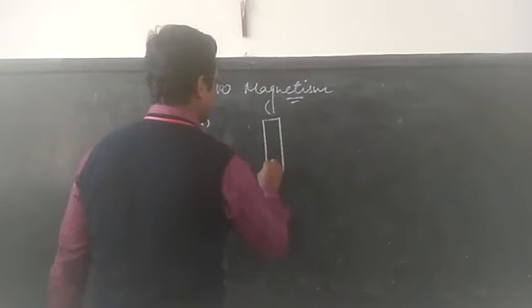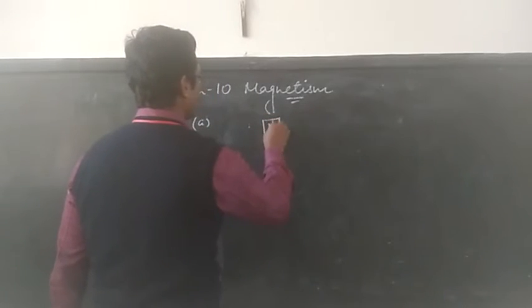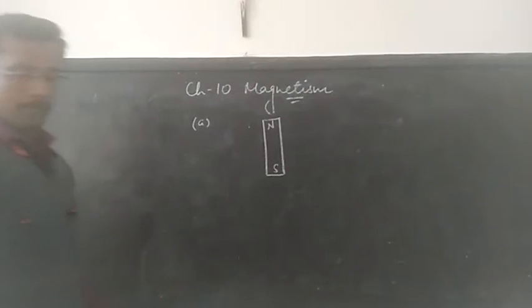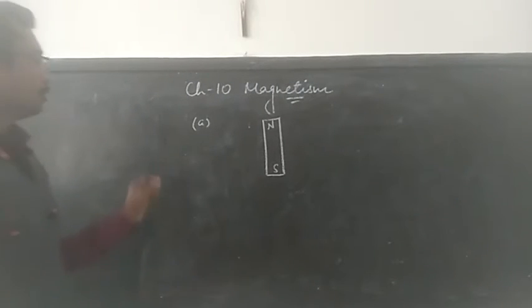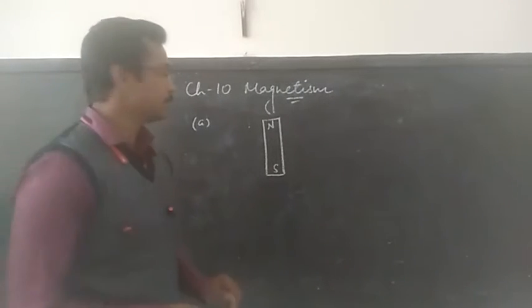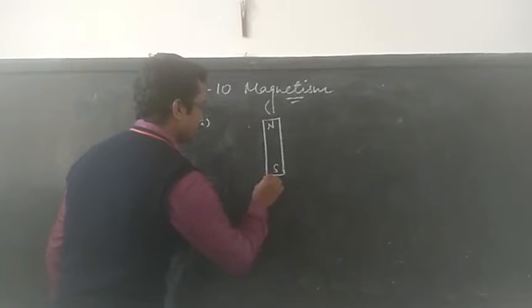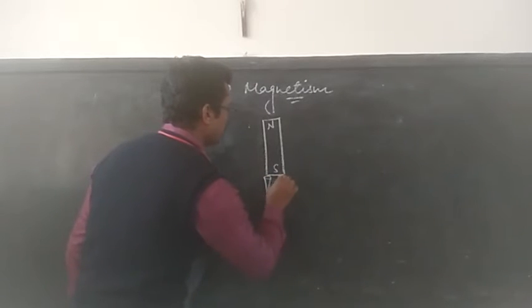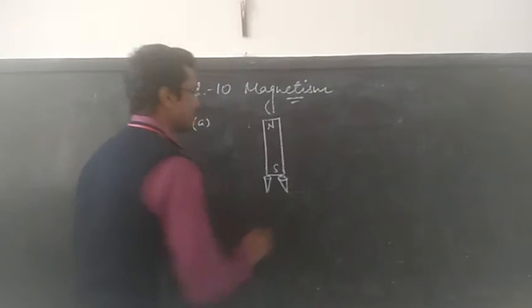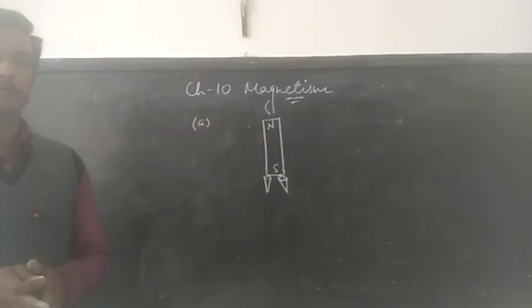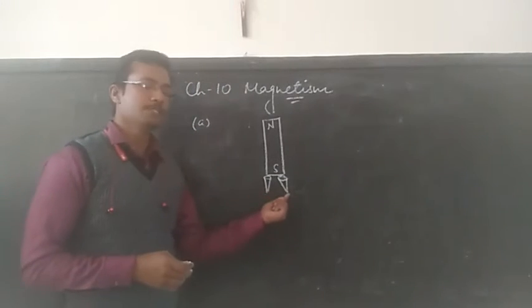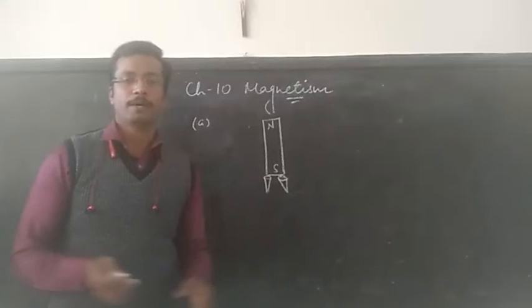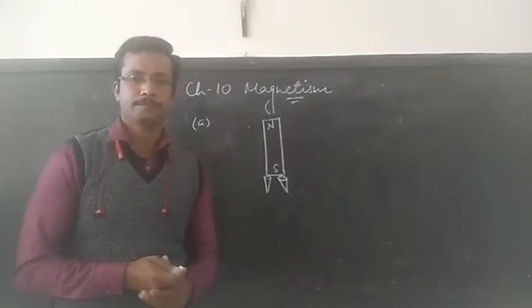Say we have this magnet in vertical position with north and south pole, and the heads of the two pins are attracted to the same pole, these are the two pins we have, then it is found that the tails of these two pins are moved apart, they are separated.